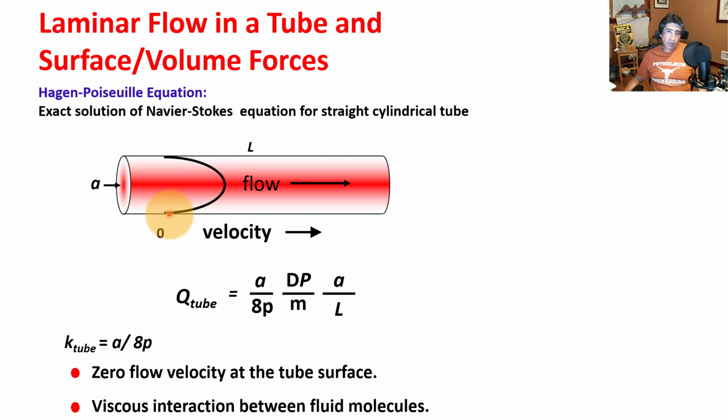So size matters, whereas in electrical conductivity everything is volume dominated, so we will not have these surface forces, and because of that the properties will not depend on the size of the tubes, but they do depend in the case of permeability because of this very important condition that is surface forces.